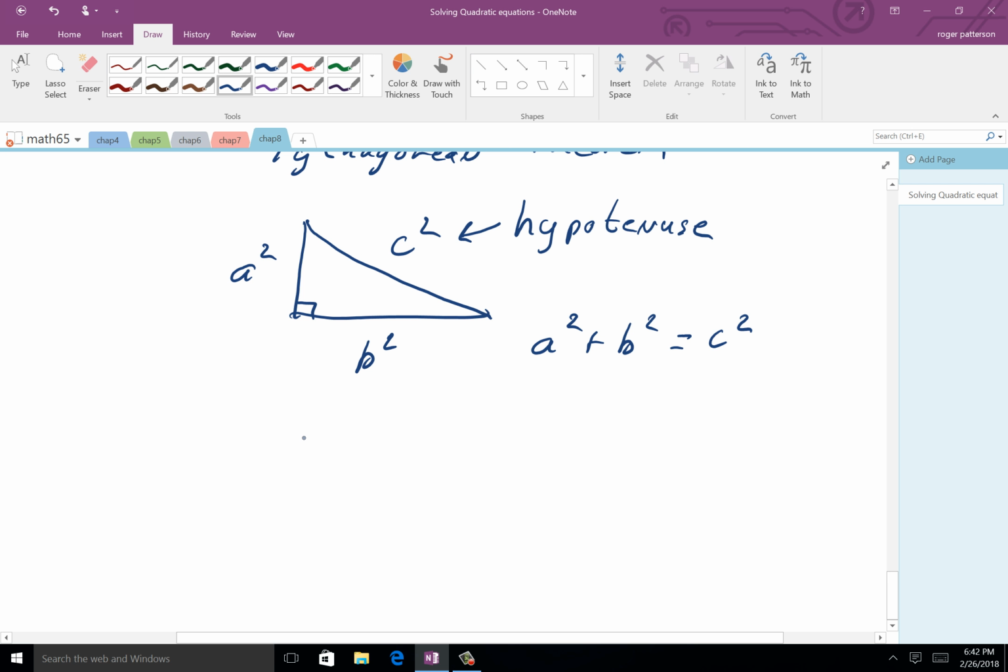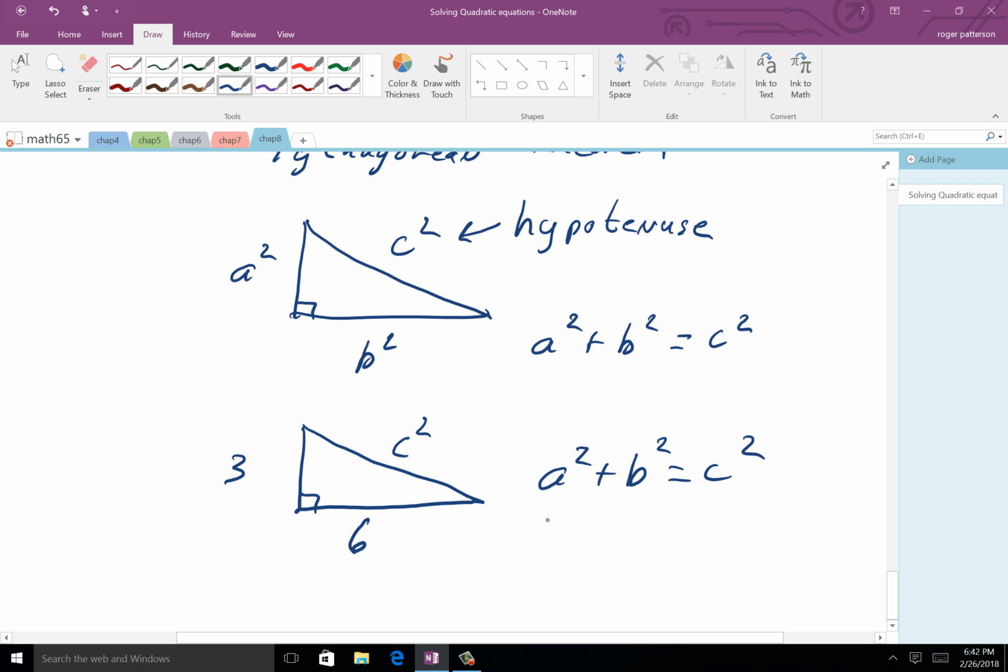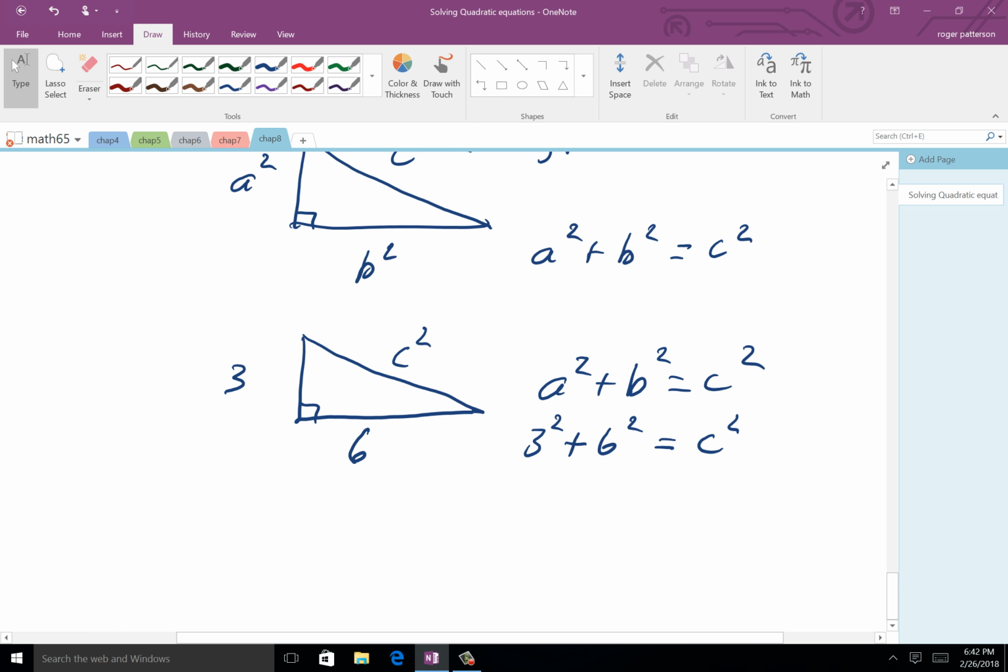So if we have a right triangle like this, and this is 3, and this is 6, and we're trying to figure out what this is. Okay, we'd use this guy on it. So 3 squared plus 6 squared equals c squared. Don't know what that is. So 9 plus 36, c squared.